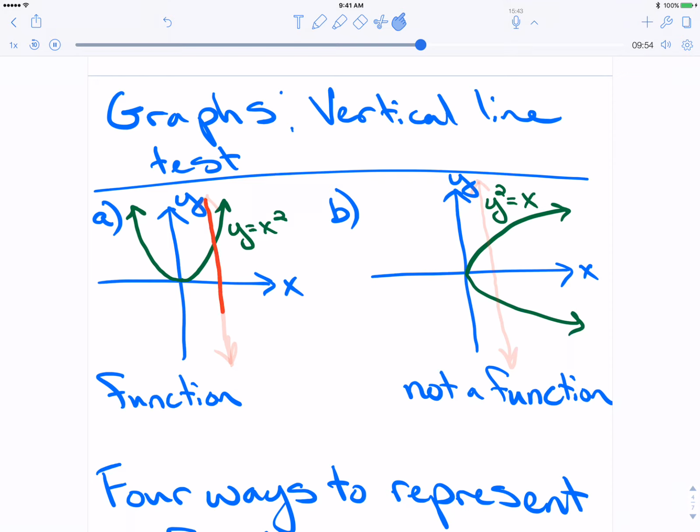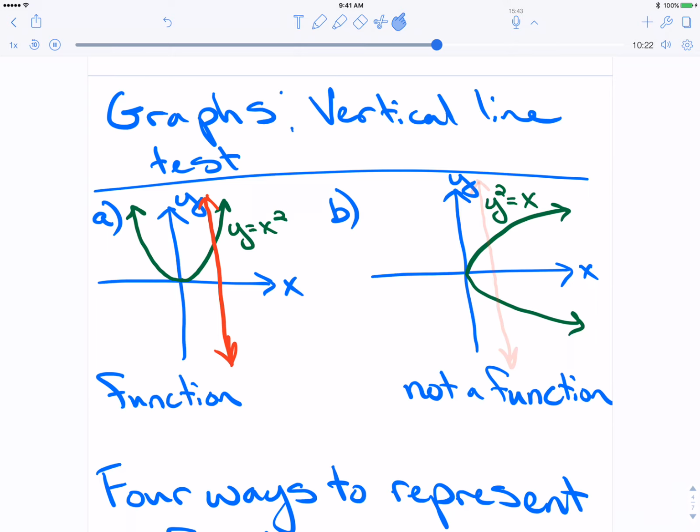If I draw a vertical line through the graph, does it intersect more than once? No, not in A. A is a function. If I take that line and move it from side to side, I'm still only intersecting one point. The vertical line only crosses at one point as I move it back and forth. It never crosses more than once.